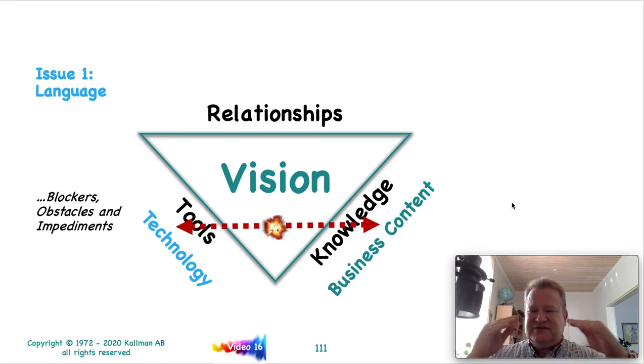And those two tend to crash. And so that's why when you look at define, distill, deliver, and drive, that distillation is down here at the bottom of the triangle, and that's how you make sure that the business and technology actually understand each other.